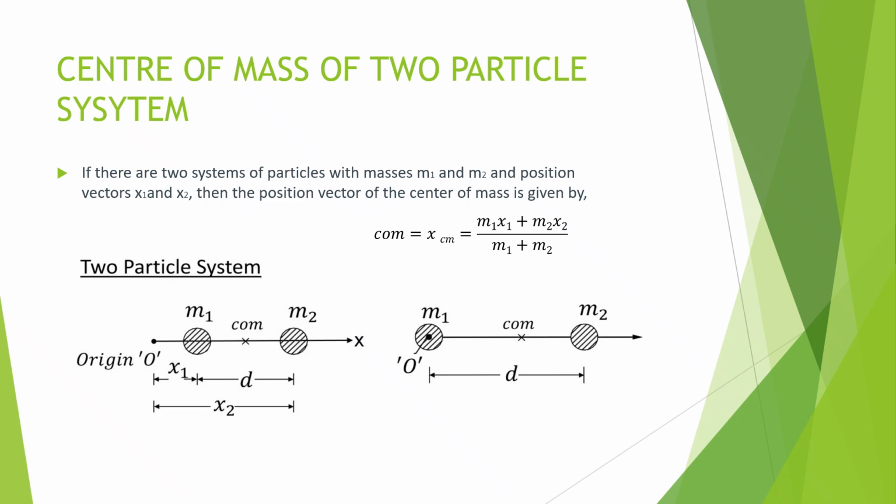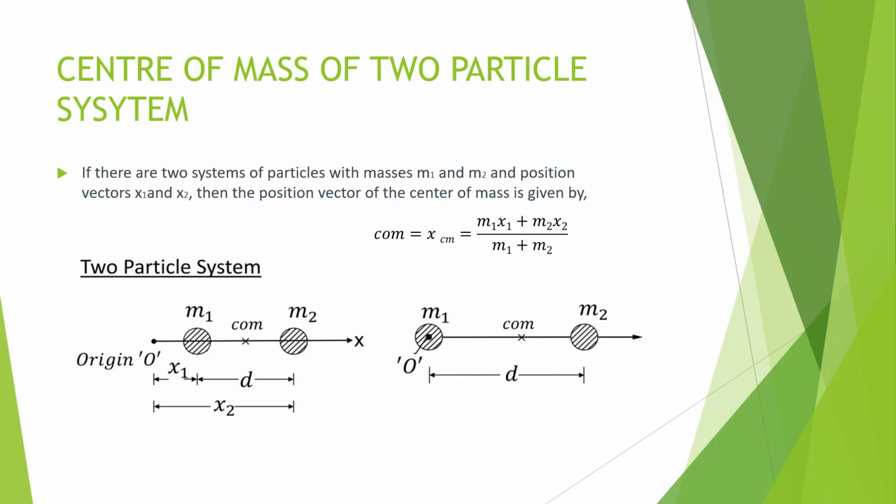Now how to find the center of mass of two particle systems? Suppose I have two particles of mass m1 and m2 at distances x1 and x2 from the origin. Then this point COM is the center of mass.